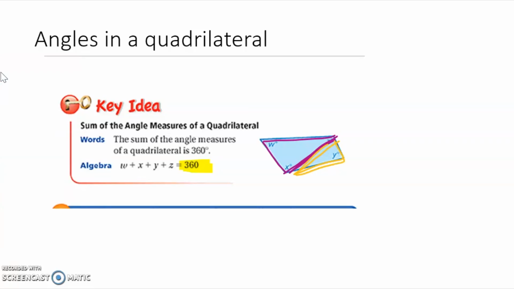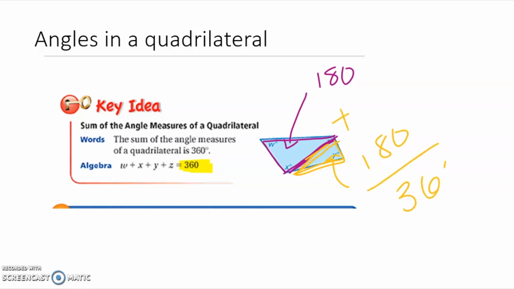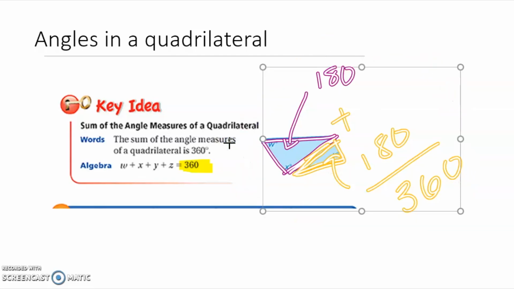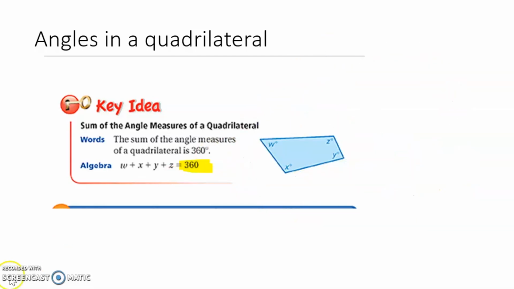And if I were to add my angles in my triangle, which we just learned was 180, and my angles in my orange triangle, and I add 180 plus 180, I get 360. So that means when I add the four angles inside of my quadrilateral, it adds up to 360.